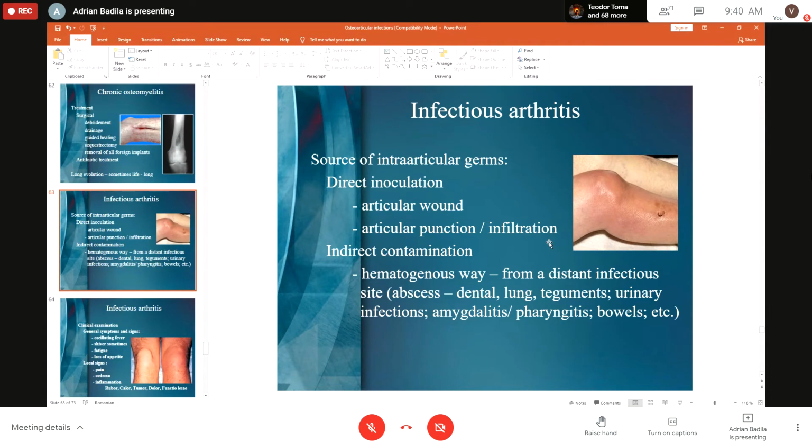And we have two different cases: the direct inoculation by an articular wound or by articular puncture or articular infiltration, or we can have the indirect contamination by the blood supply, by the hematogenous way, from a distant infection site, an abscess, which can be a dental one, a lung abscess, an infection like a furuncle at the level of the teguments, a urinary infection, amygdalitis, pharyngitis, germs from the bowels, and so on.